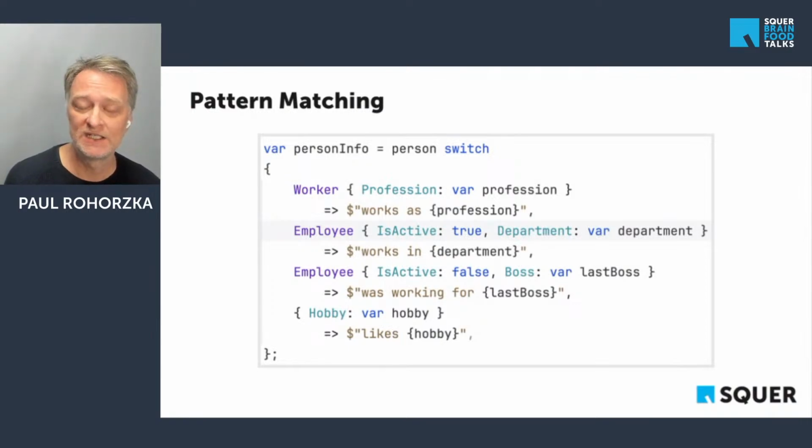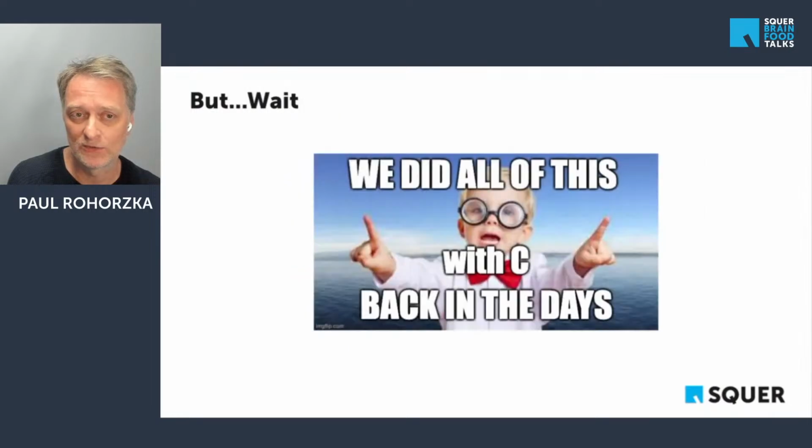Or if we see it is not an active employee, so he's already retired, but we want to have the boss she was working for, for example. Or we know nothing about it, but just, okay, this person has a hobby and we want to talk about the hobby. So everything here is pretty nice and to the point without any fluff around, and that's the nice thing about pattern matching and why it is so important and powerful if we go the functional route.